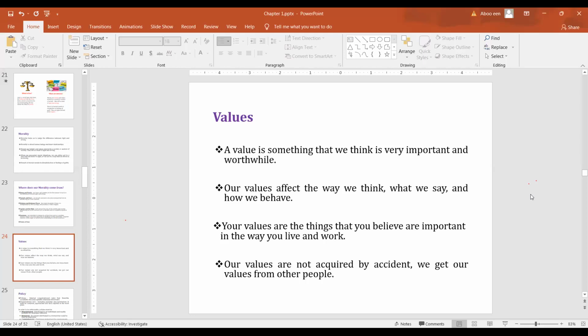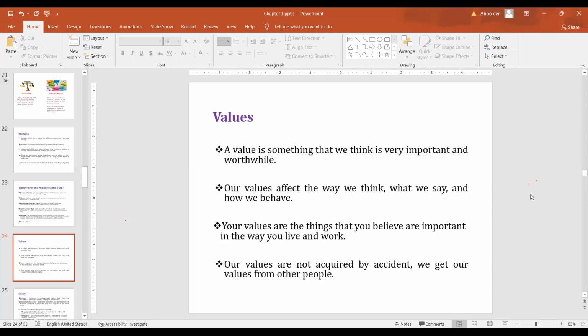Our values affect the way we think, what we say, and how we behave. So values impact the way we think, whether we are thinking positively or negatively or in a different mindset.